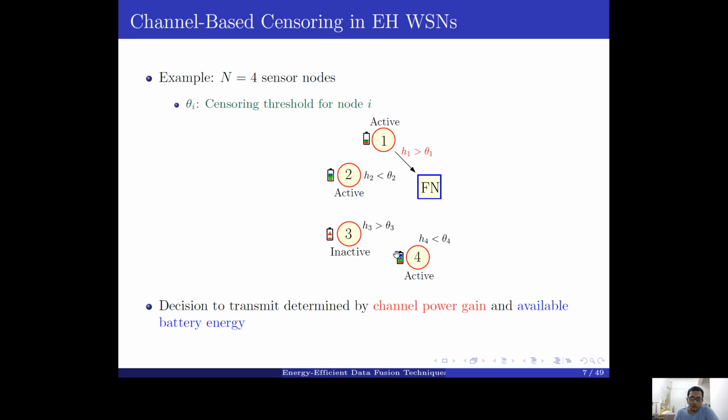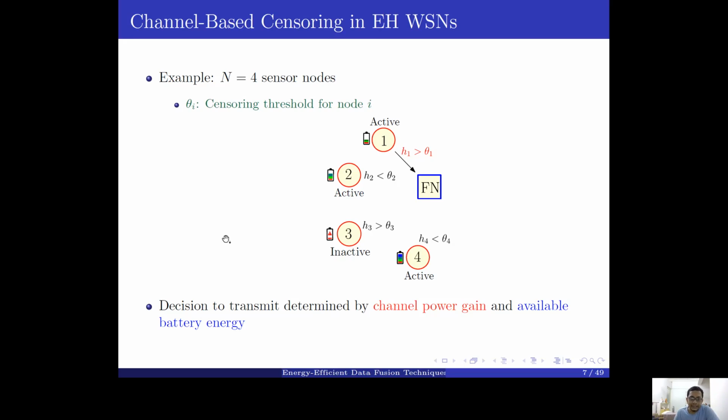Now, among the 4 nodes, only the channel power gains of node 1 and node 3 exceed their respective censoring thresholds. So they are only eligible for transmission. However, as node 3 is inactive, only node 1 will send its measurement to the fusion node.